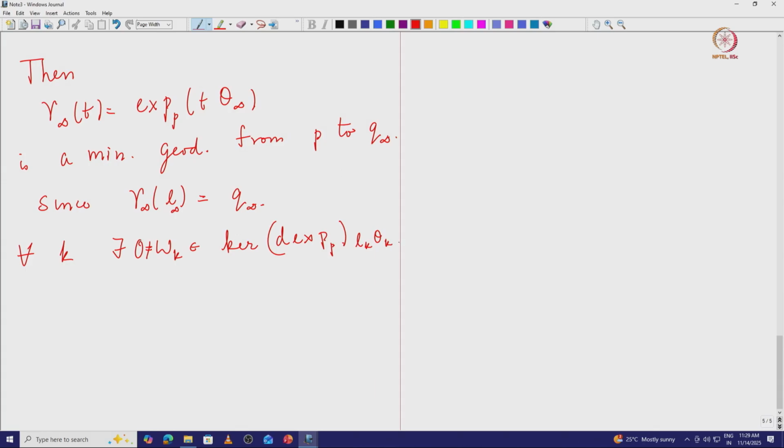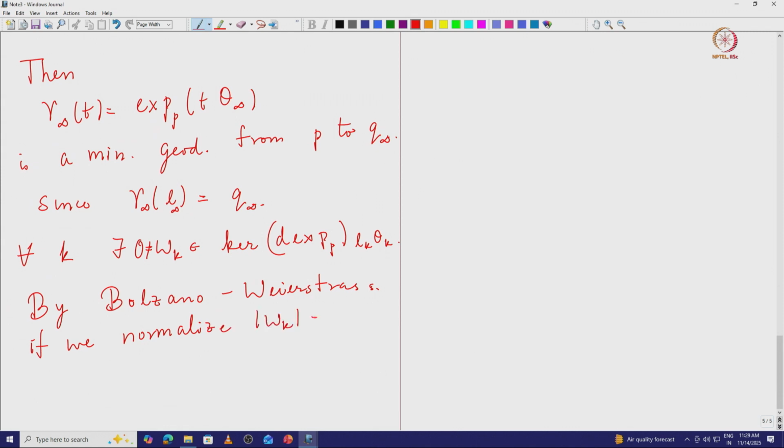Again by the Bolzano-Weierstrass property, if we normalize so that the norm of Wk is 1, which one can always do, the kernel is a vector space, so one can always normalize so that this is norm 1. Then these Wk's will also converge to some W infinity after passing to a subsequence.